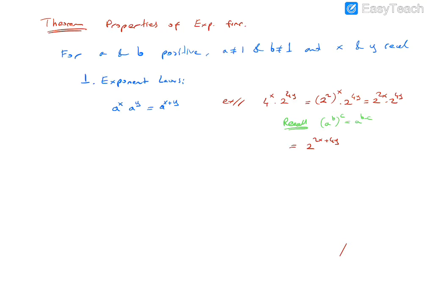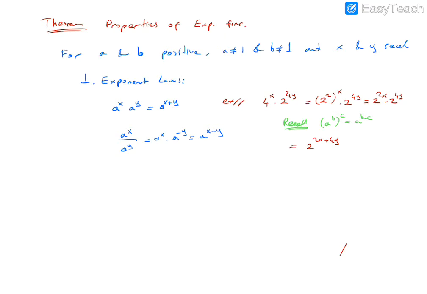And from here you can obtain another result. a to the power x over a to the power y equals a to the power x times 1 over a to the power y, which is a to the power minus y. So it's a to the power x minus y. Okay, you can obtain this result.